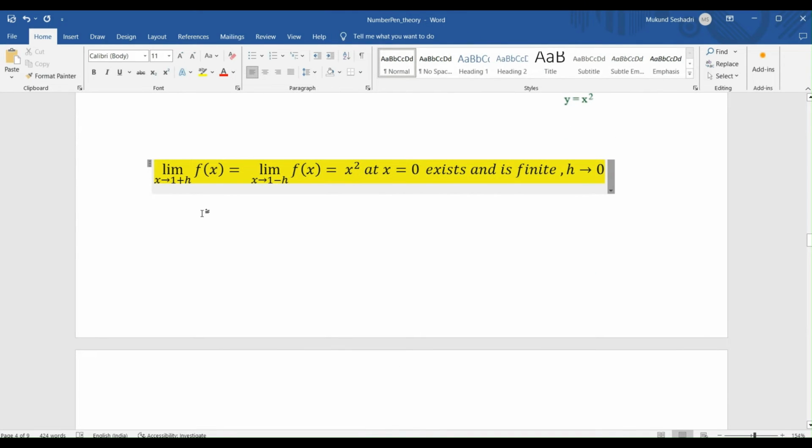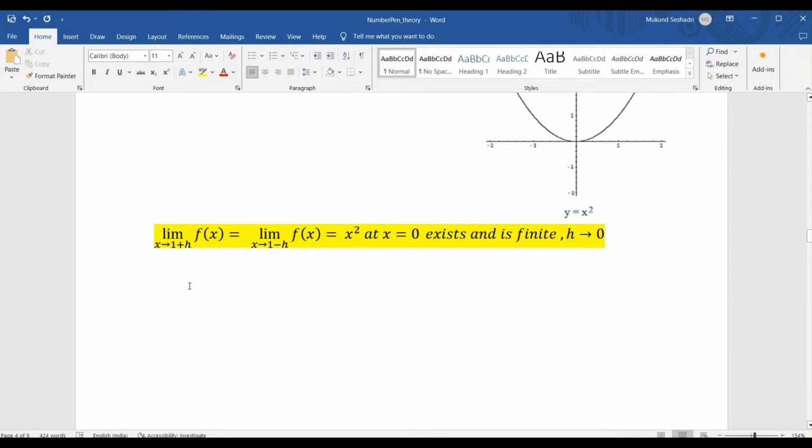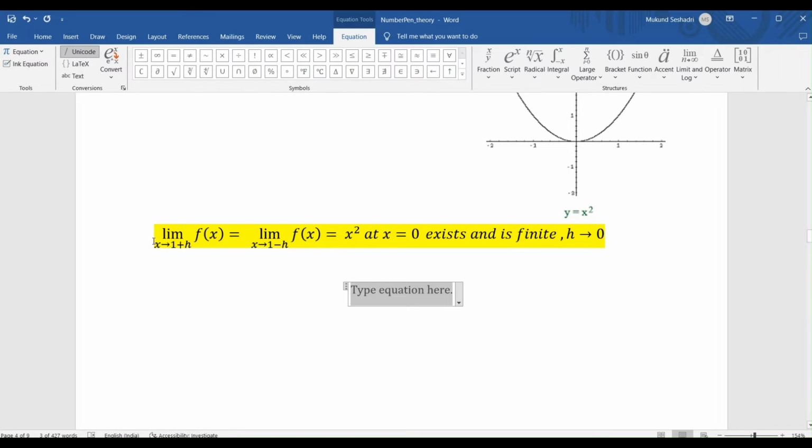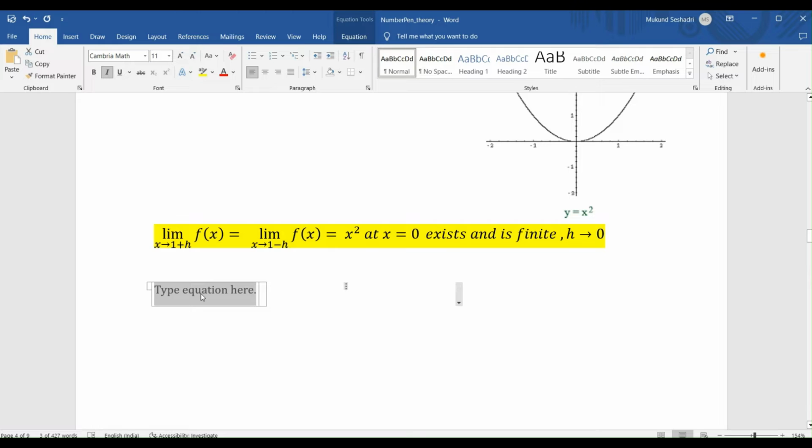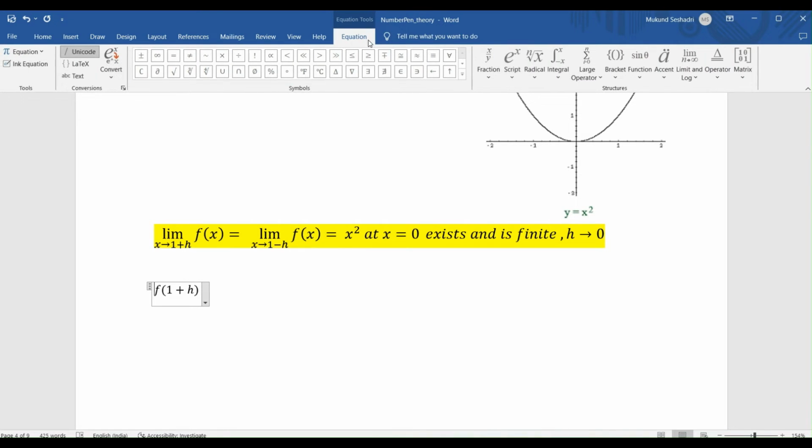So the way we usually solve these problems is, we evaluate the left hand limit, which is my f of 1 plus h, which is my limit, which is nothing but my 1 plus h, the whole square.